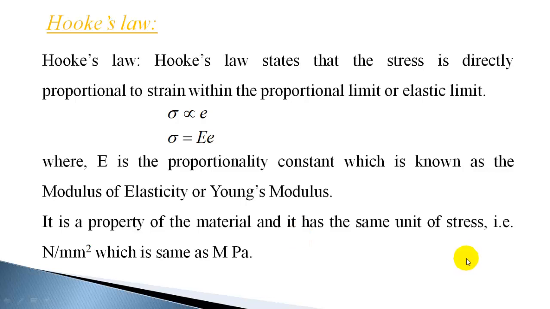And since strain has no unit, Young's modulus has the same unit as stress, because Young's modulus is sigma by epsilon. Epsilon has no unit, so whatever unit stress has, Young's modulus will have the same unit. So the unit of Young's modulus is expressed in Newton per mm square or megapascal. Newton per mm square and megapascal are the same. I have shown it in the previous class.